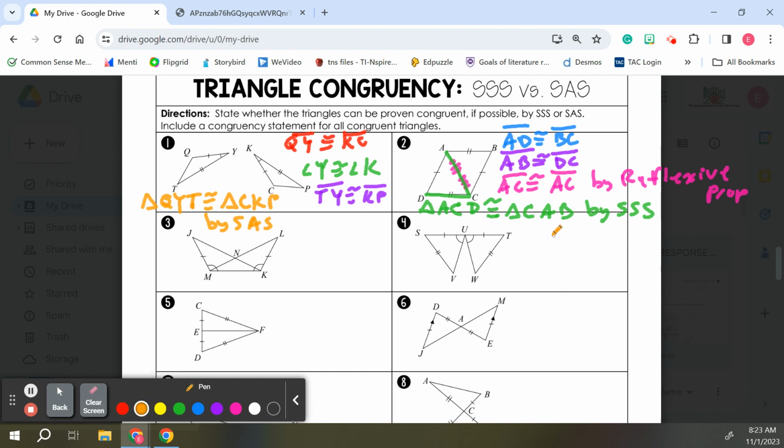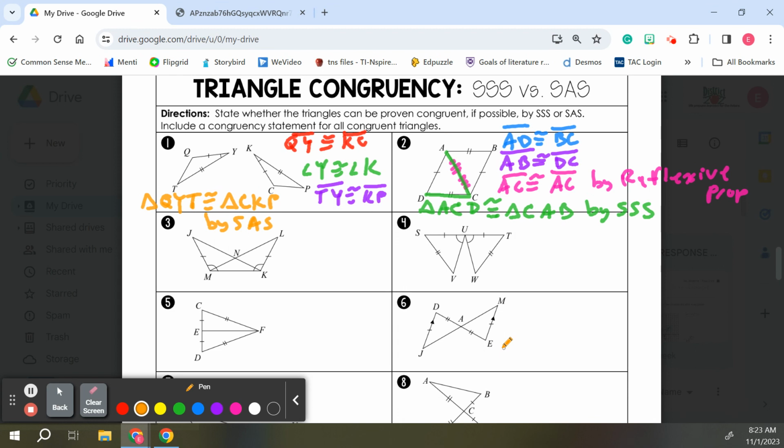Now, if we look at this, we see that we have parallel lines here, which means we have a transversal. So do you think we're going to have to do something with these angles? Nod your heads, yes. Yes, Mrs. Smith. We're going to have to do something with the angles. Absolutely. All right, so the first thing I'm going to do is identify what I have.